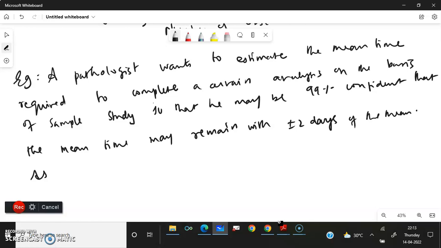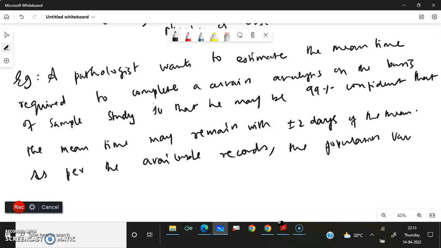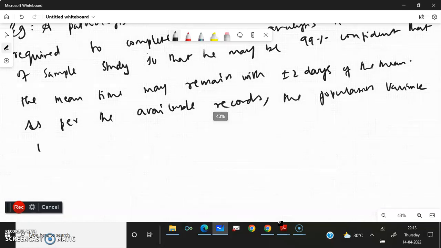As per the available records, the population variance is 5 days.